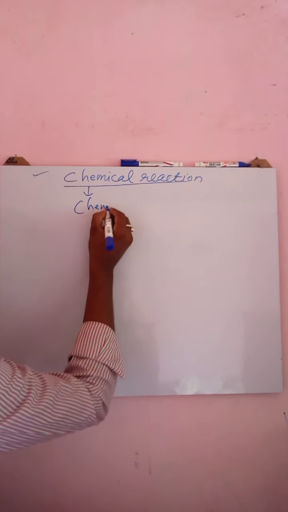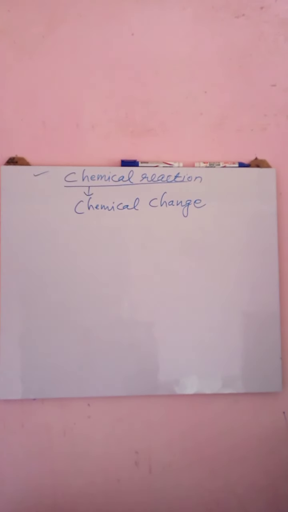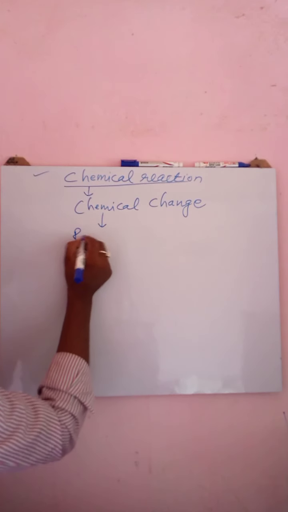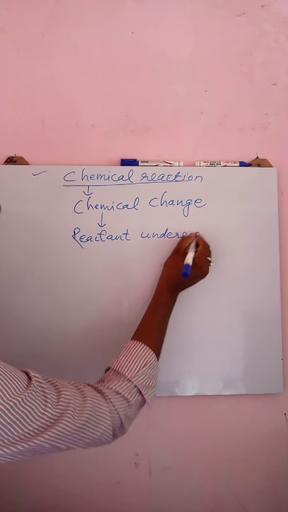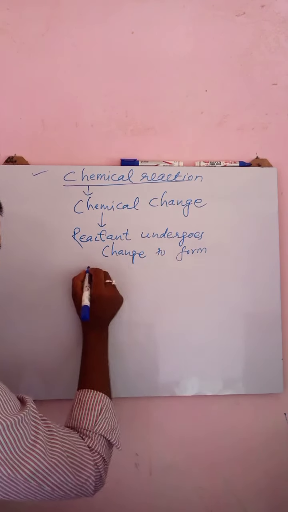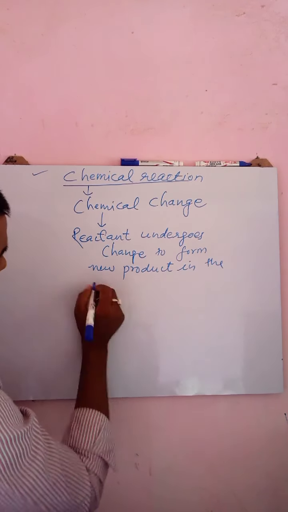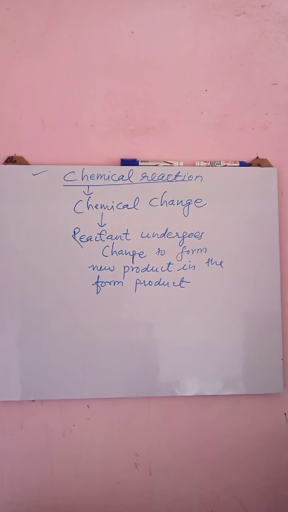It means reactants undergo change to form new products. When reactants undergo change to form new product in the form of product, it is said to be a chemical reaction or chemical change, right?